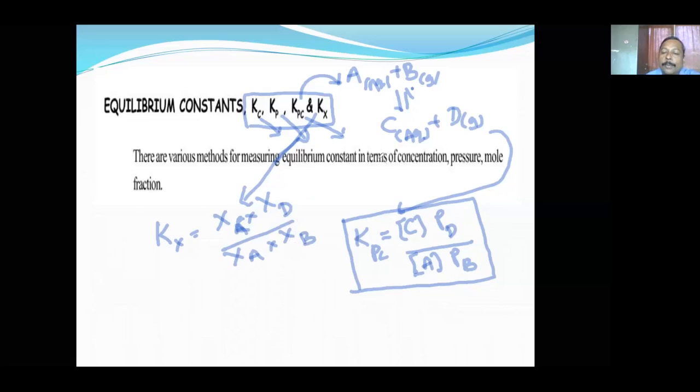KPC is used when some are in the gaseous state and some are in the aqueous state. And the universal best method is mole fraction, but due to complications during the solution, it is less used. Most favorite in most examinations, I say most.